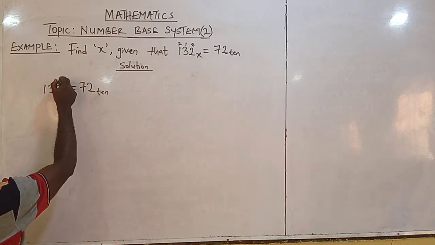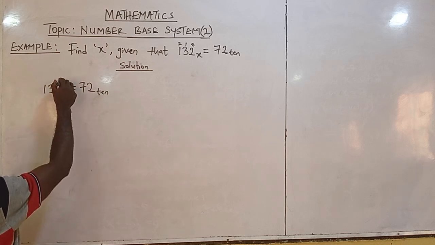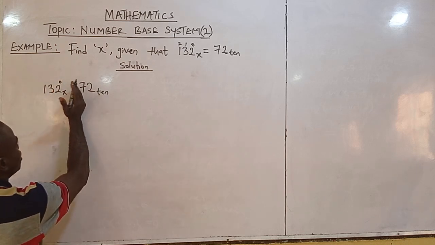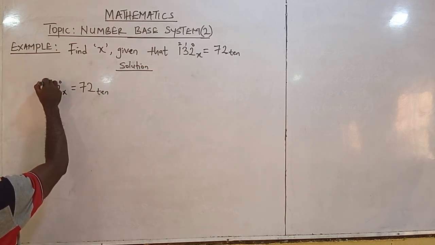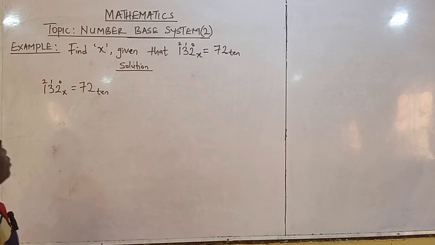Now number it from the right hand side to the left hand side, 0, 1, 2. Is that clear?